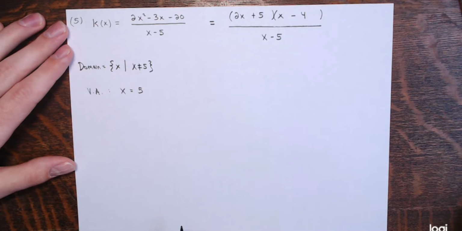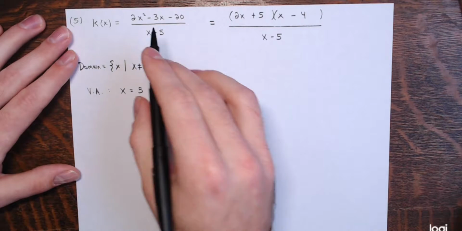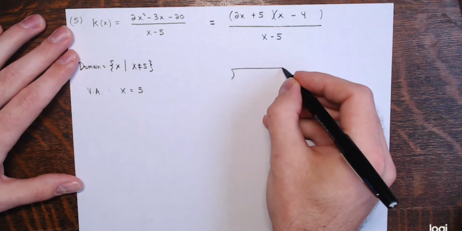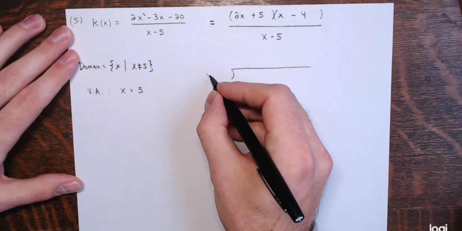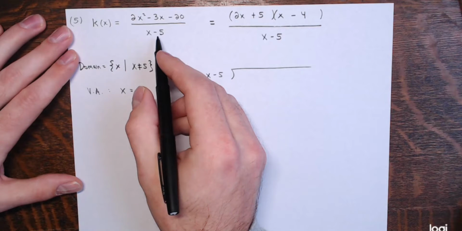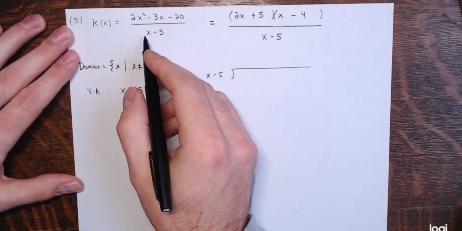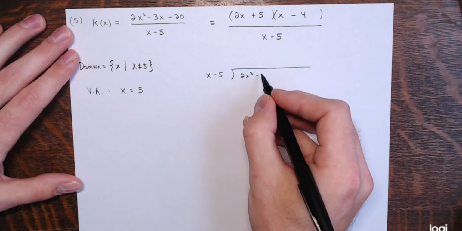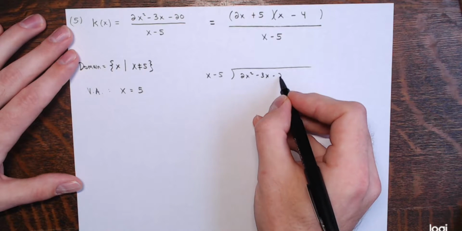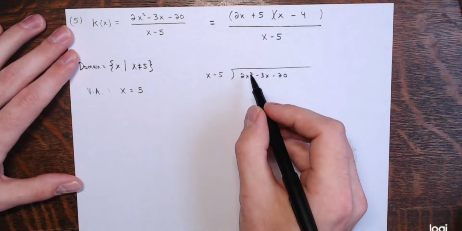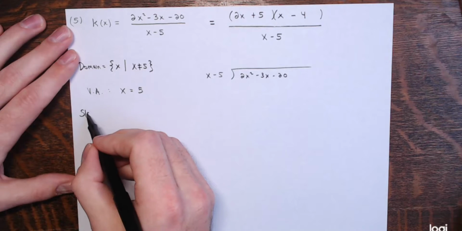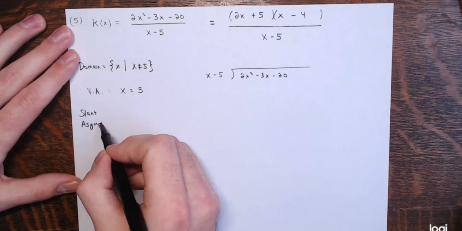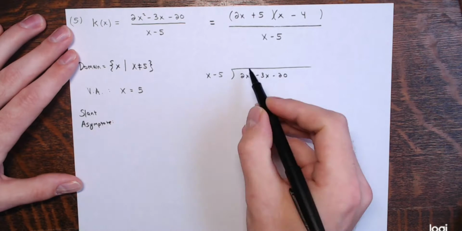Now for the slant asymptote, I have to actually divide. You can do synthetic division here too, because it's a linear with a lead coefficient of 1. But I'm just in the habit right now of doing long division. So for the slant asymptote, divide these.